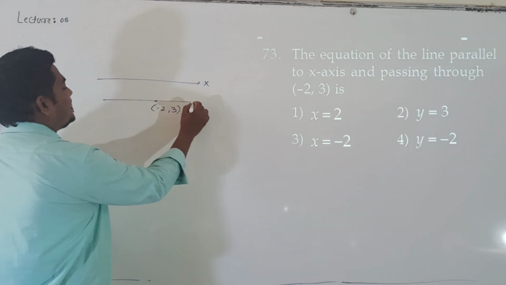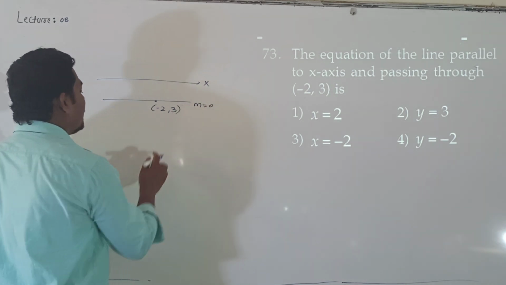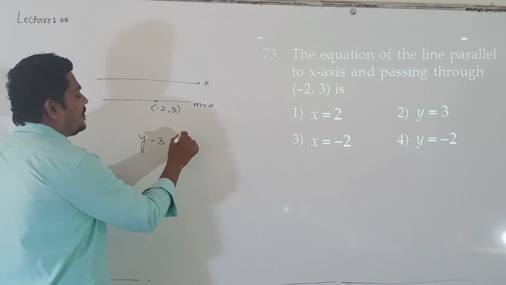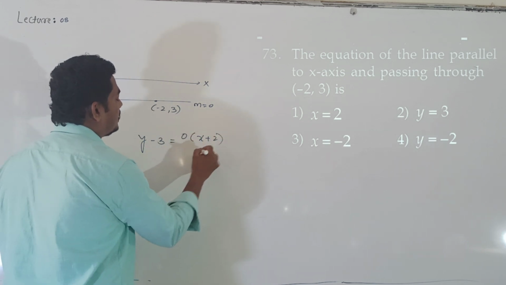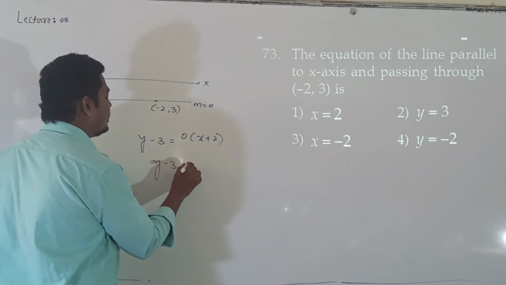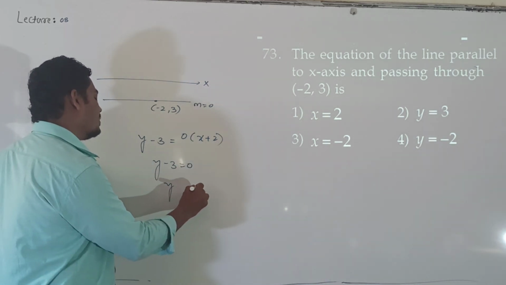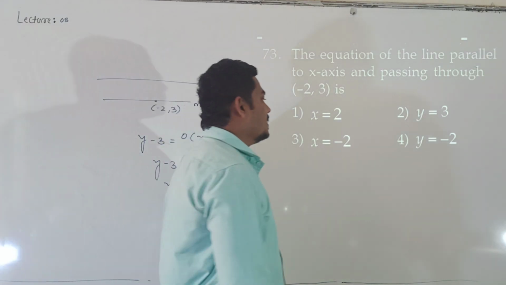Or else, what is its slope? Slope 0. Point, use the slope point formula: y minus y1 is equal to m into x minus x1. So y minus 3 equal to 0 is our required answer. Or send it to RHS, then you get y equal to 3. That is the second option.